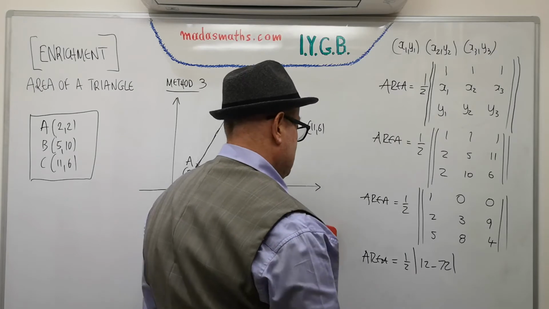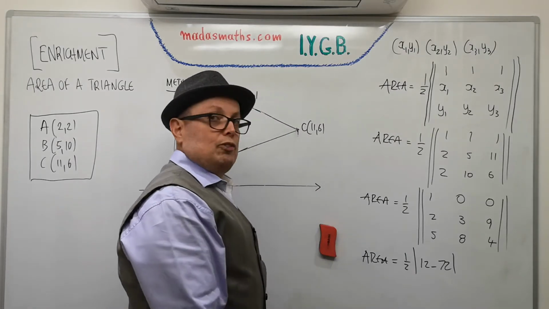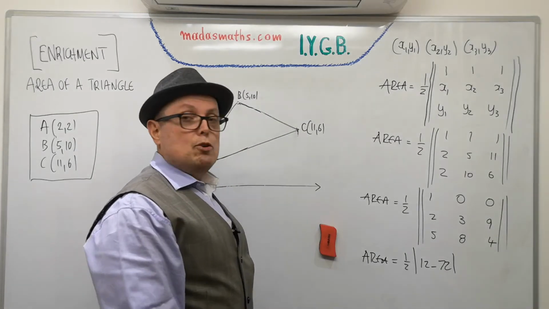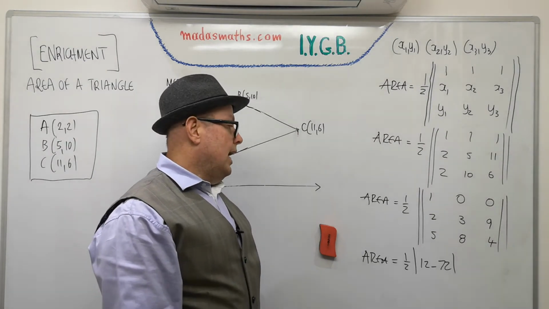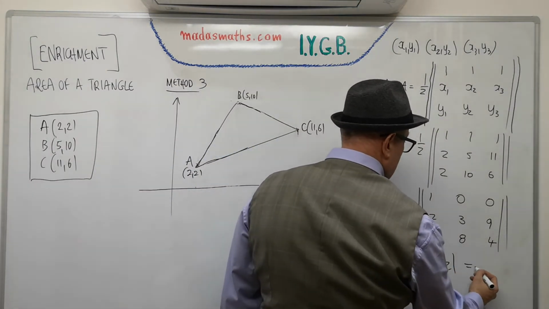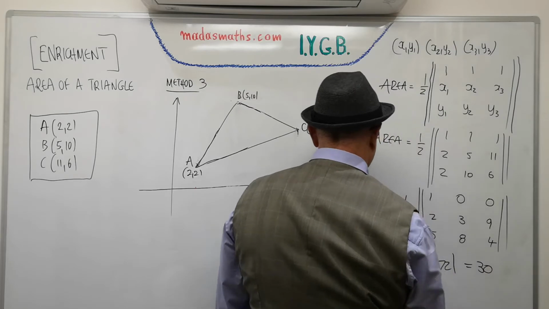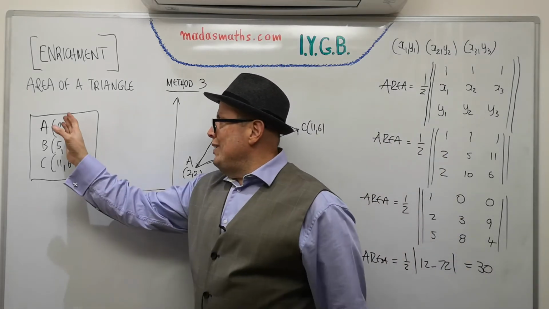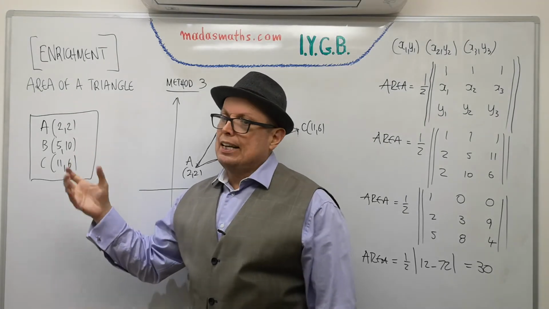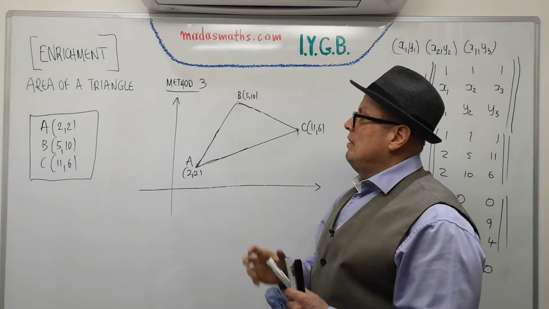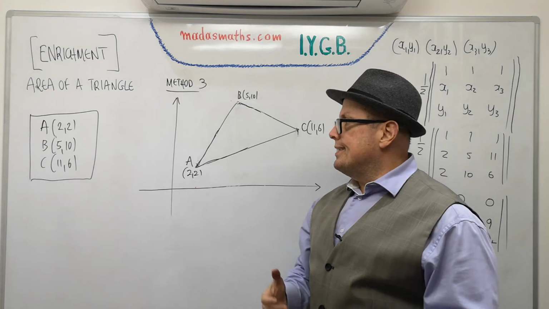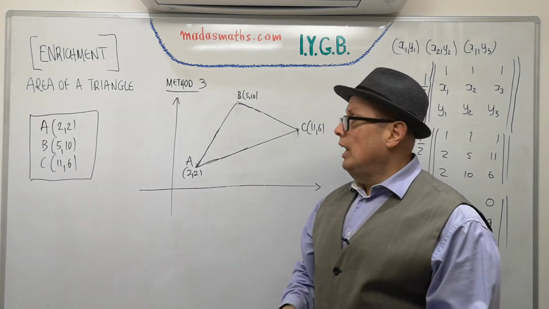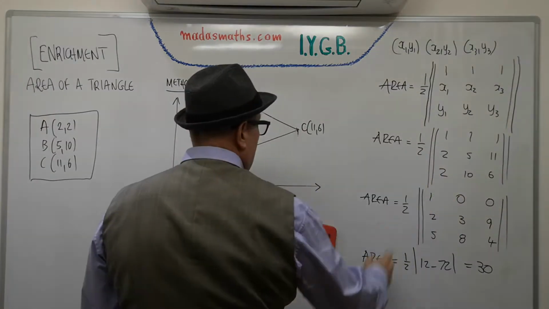And of course, surprise, surprise, 12 take away 72 is minus 60. The modulus of minus 60 is 60. Half of 60 is in fact 30. Okay, so this works very well and is very useful when you don't actually have numbers that you can perhaps do boxes and things like that. You can have expressions in sines and cosines and all sorts of things. So this method is very, very useful.